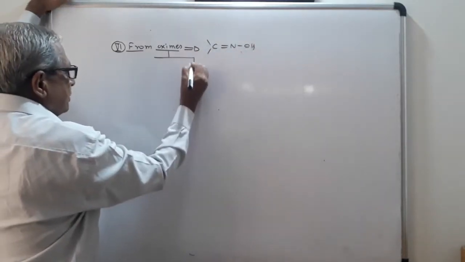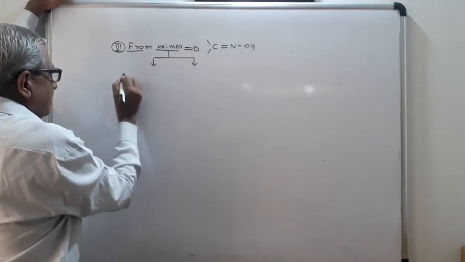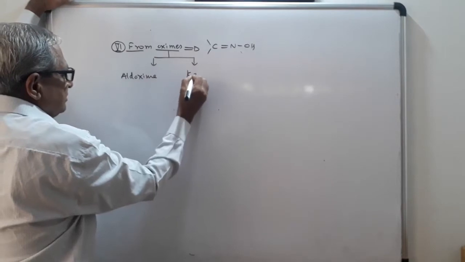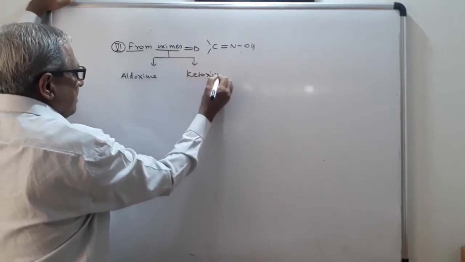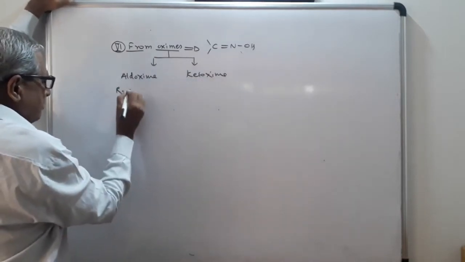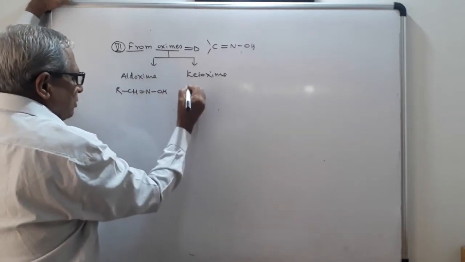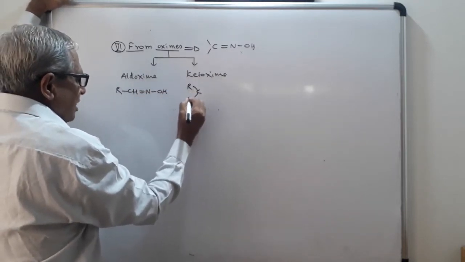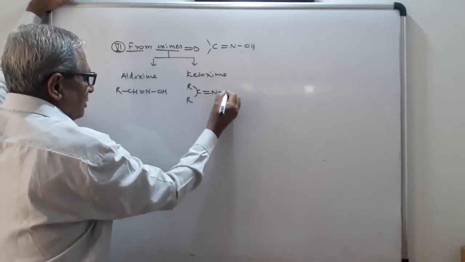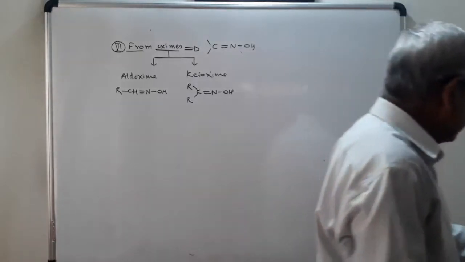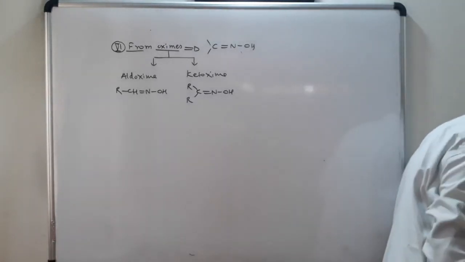Oximes are of two types. One is aldoxime and second is ketoxime. Aldoxime has the general formula RCH=NOH. Ketoxime has the general formula RCR=NOH. So these are the probable questions on the oximes.